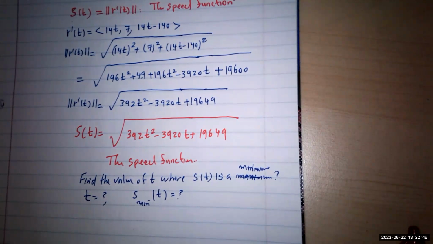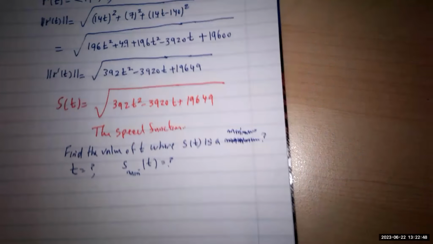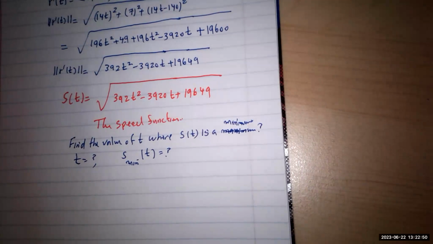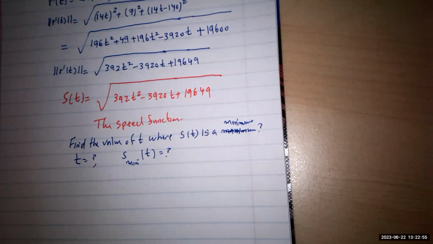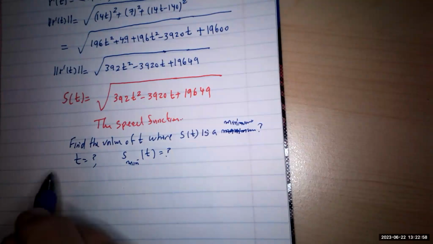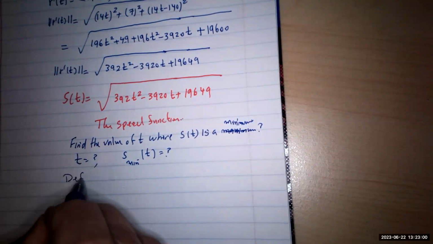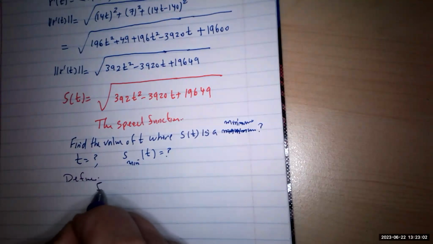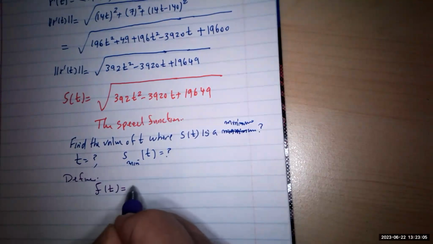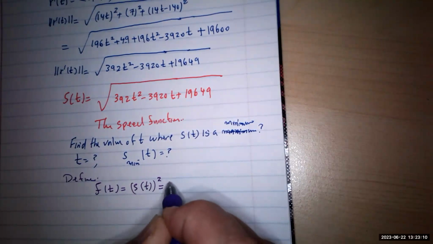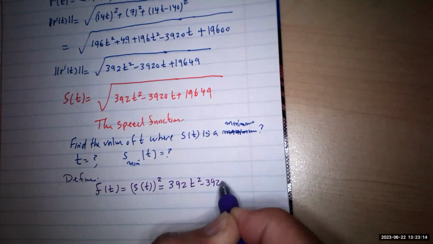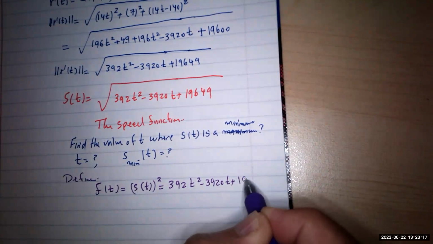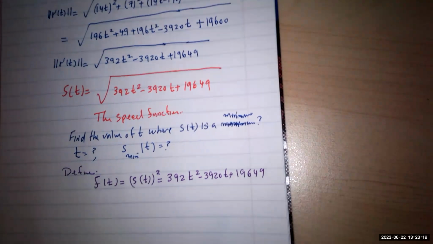So the shortcut is, you can stay with this one. I've given this one, it's not a big deal. You differentiate it, use the chain rule, and that would be the same thing. But this is the way I do it. I'm going to define a new function, f of t equal to s of t squared. So quickly that radical would disappear, and that makes things so easy for me to continue. It's the same thing. If you don't like it, stay with the one that we have.